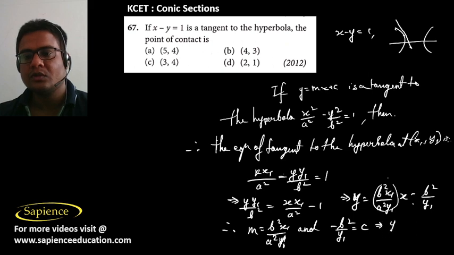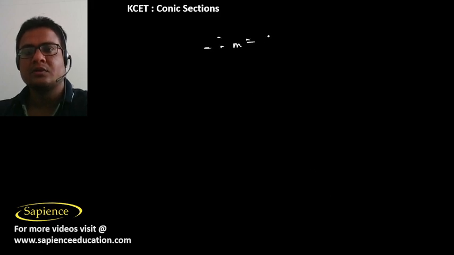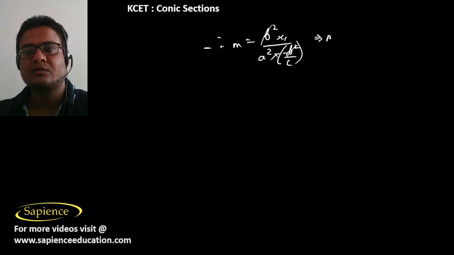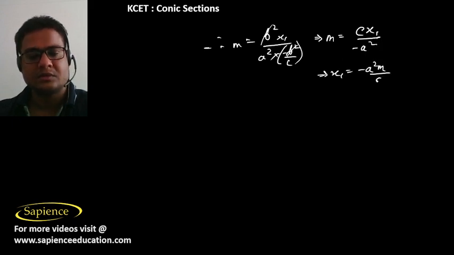So therefore y1 will be equal to minus b square by c, and m is equal to b square x1 by a square y1, where y1 is minus b square by c. So b square and b square will cancel. Therefore m will be equal to c x1 by minus a square. So x1 will be equal to minus a square m by c.